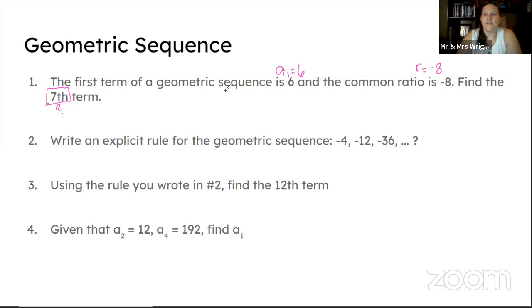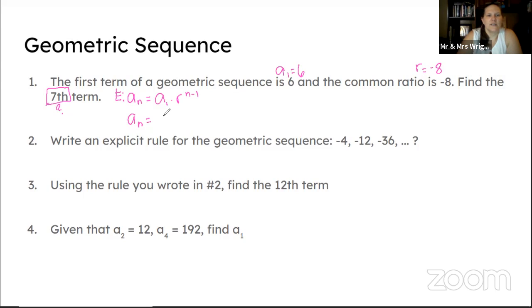The easiest way for me to figure this out is to write an explicit formula. So I'm going to go ahead and write my explicit formula here. A sub n is a1 times r to the power of n minus 1. So I know that's my explicit formula. So now I need to substitute in all of this information that I determined earlier and see if I can get a math equation here.